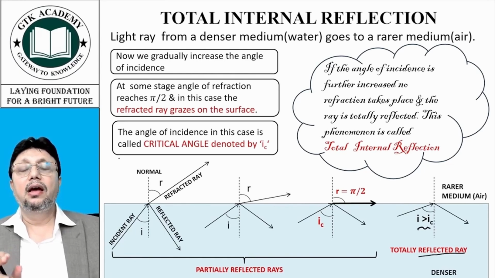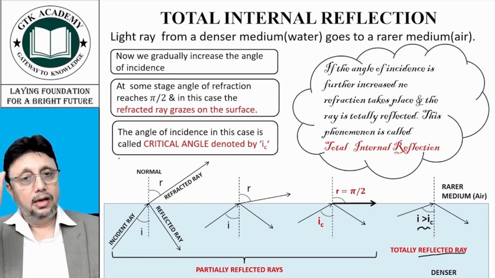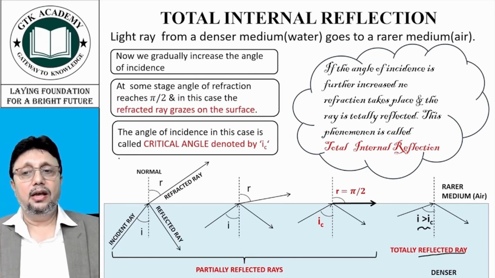It cannot happen. If it goes from denser to rarer and the angle of incidence is greater than critical angle, then the whole incident ray is totally reflected inside that medium, and this phenomena is called total internal reflection.